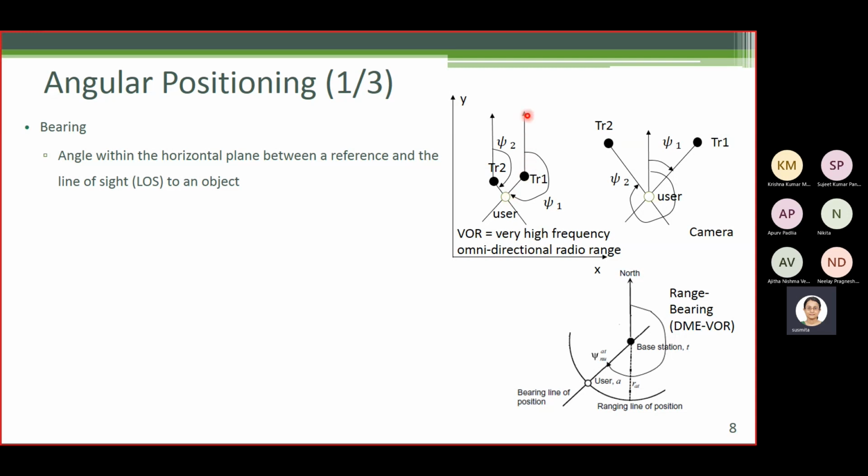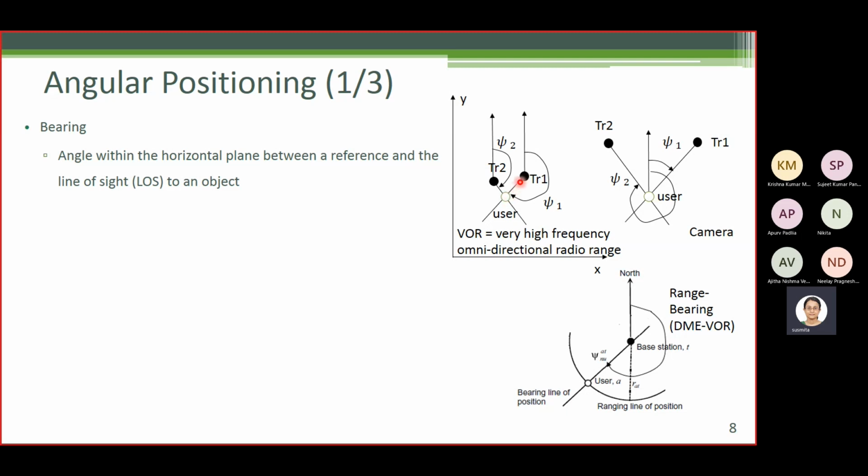If you take this as the reference direction, and this is the line that connects the transmitter with the receiver, then bearing is basically the angle calculated in clockwise direction from this reference direction to the line connecting the transmitter and the user. It is positive clockwise. The straight line connecting the transmitter and the user is called line of sight, LOS.